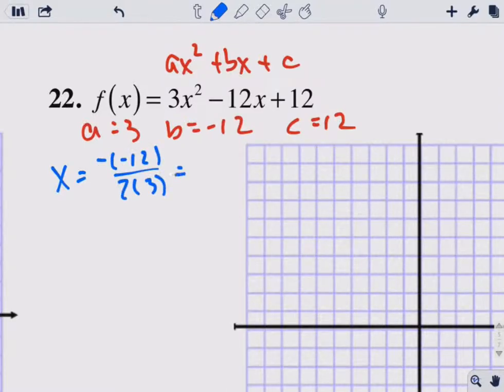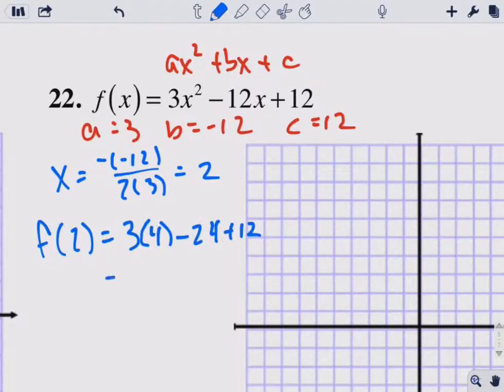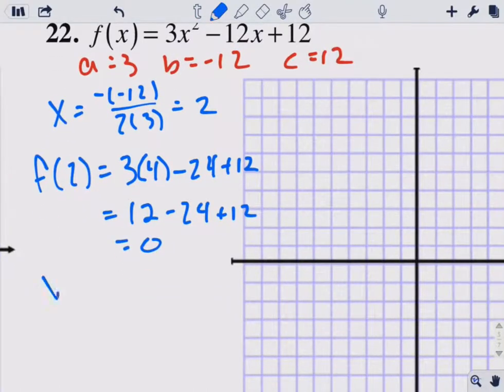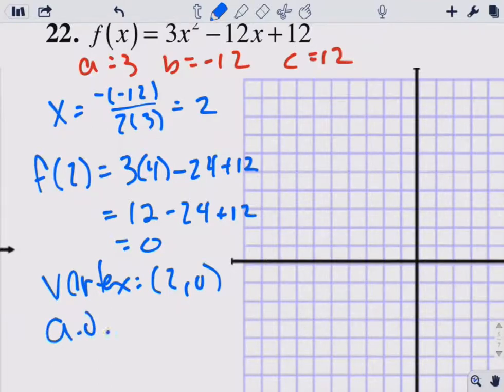All right, so that's 12 over 6, or 2. And I plug in 2, and I get 3 times 4 minus 24 plus 12. So we get 12 minus 24 plus 12, or 0. So what's my vertex? My vertex is 2, 0. My axis of symmetry is x is equal to 2.